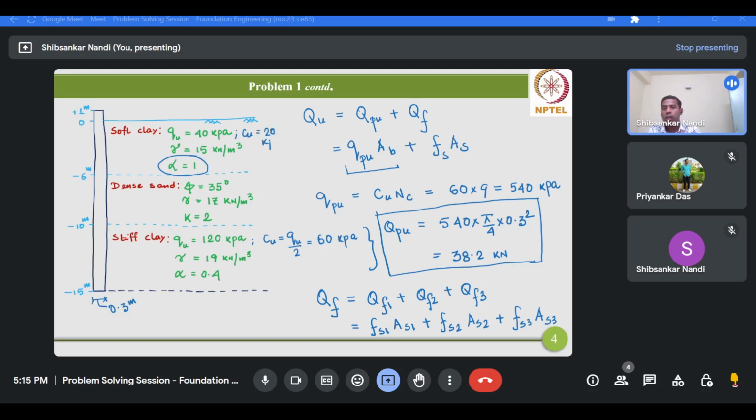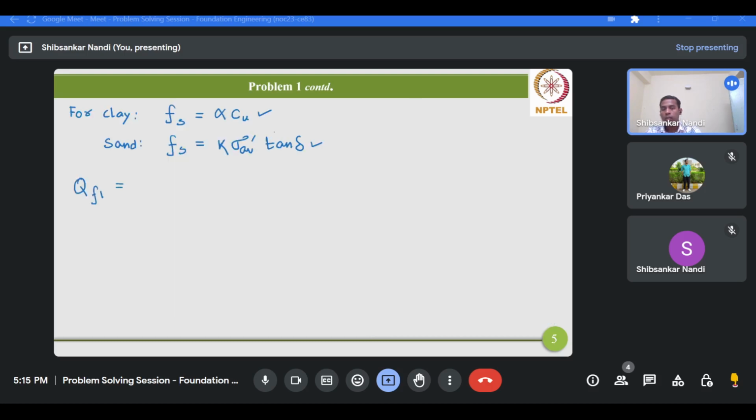Following the same logic as we applied for stiff clay, undrained cohesion is half times the unconfined compressive strength of the soil. So the unconfined compressive strength of the soft clay is given as 40 kPa. Therefore, the undrained cohesion of the soft clay would be 40 by 2, that means 20 kPa. Okay, so QF1 will be 1 times 20.